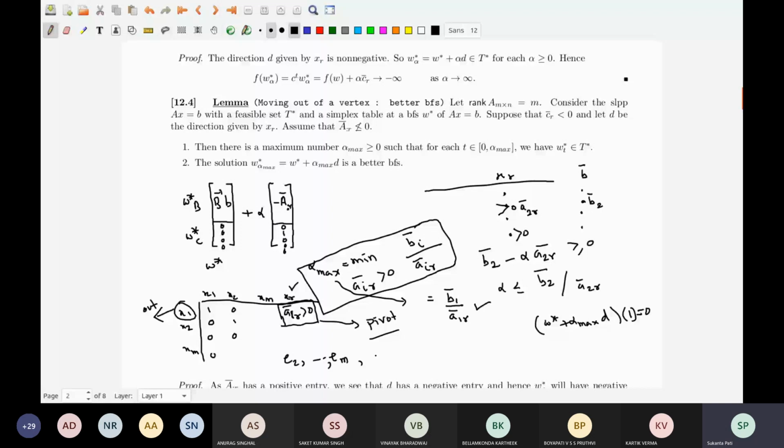So that is linearly independent of, like, it is independent of e2 to em. So overall this is again linearly independent. And therefore this implies xr, x2, x3 up to xm, this is a basis.